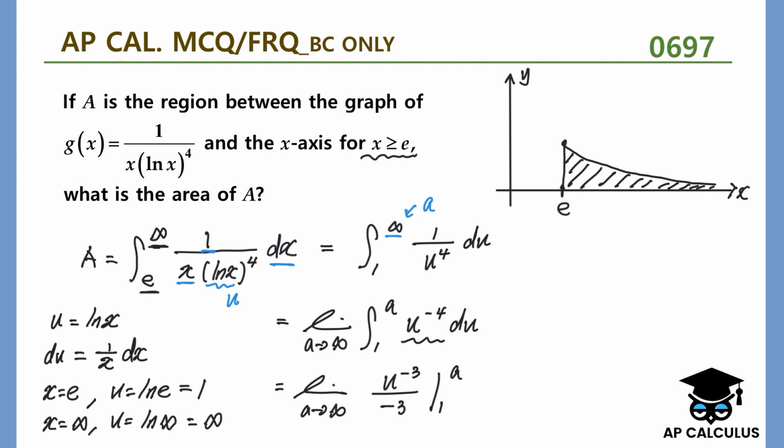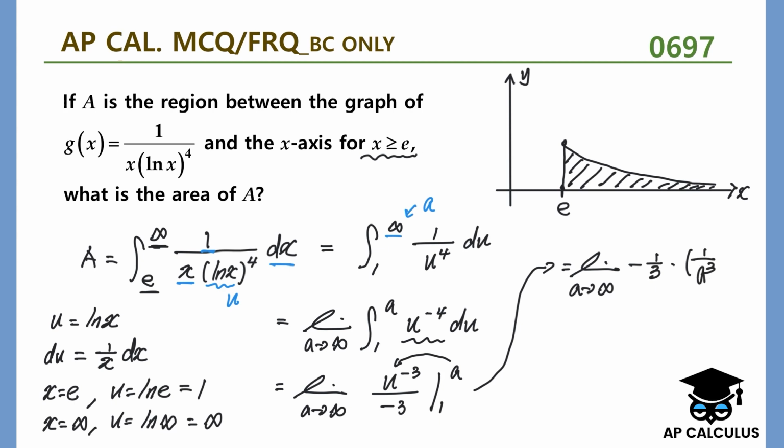So that is equal to the limit as a approaches infinity of negative 1 over 3. I'm going to substitute a for u, okay? Substitute a for u. Then that's going to be a to the power of negative 3, that's 1 over a cubed, right?